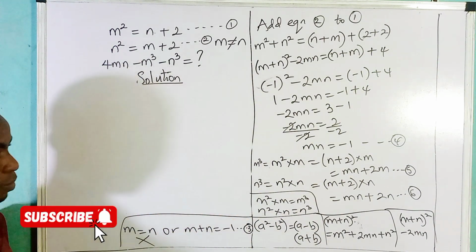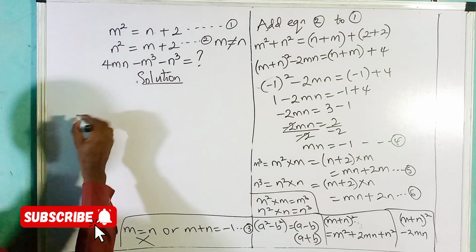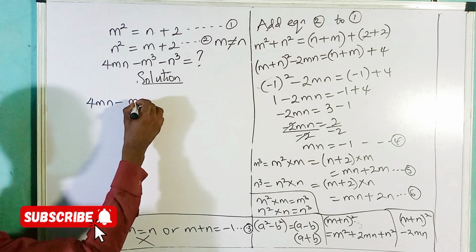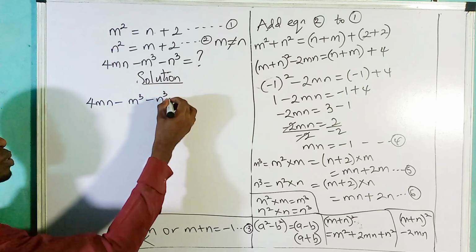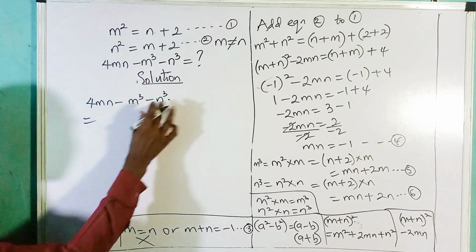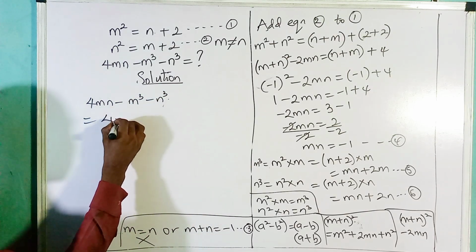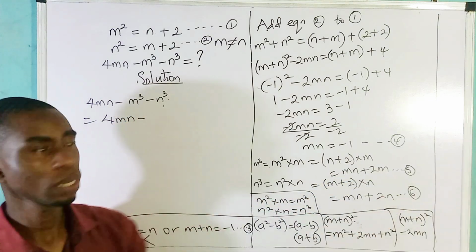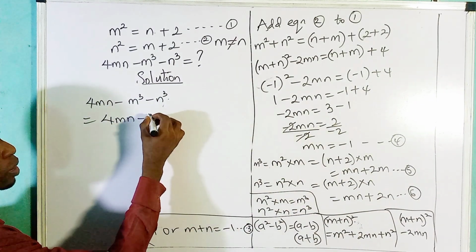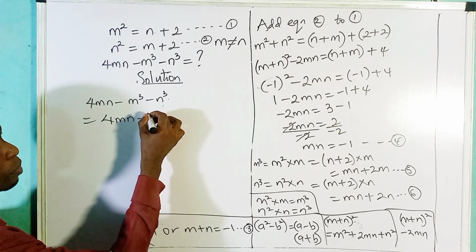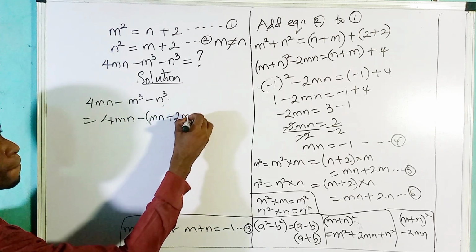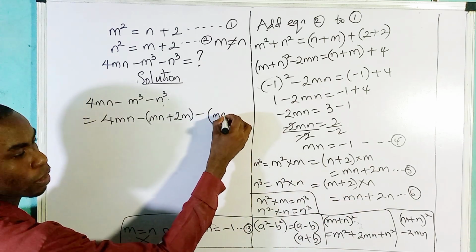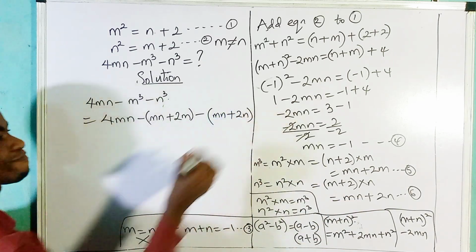Okay. So what we have here is now 4mn minus m cubed minus n cubed. This will be equal to 4mn, yes. Now m cubed can be replaced by mn plus 2m, sorry, mn, but in a bracket, plus 2m, minus n cubed can be replaced by mn plus 2n.